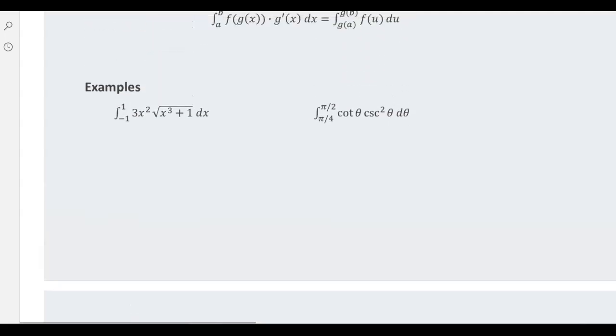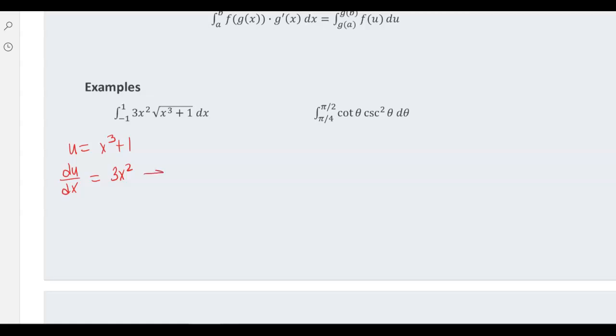All right, looking at the example on the left, I'm going to let u be the x cubed plus 1, because when I take the derivative, the power will drop down by 1, and that looks like that other component that I have sitting in the integral there.